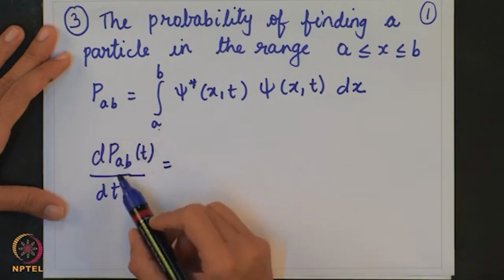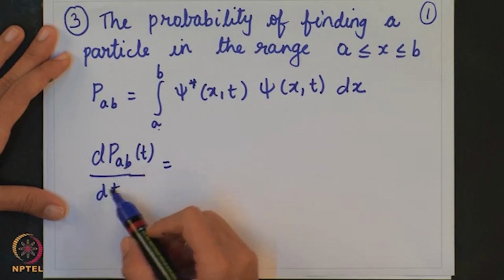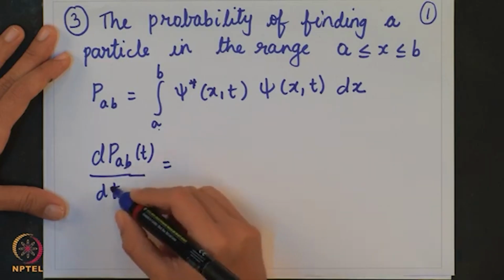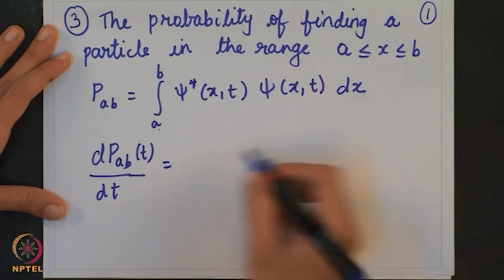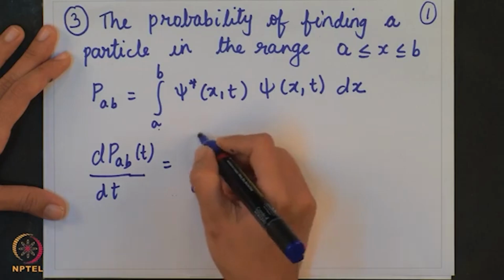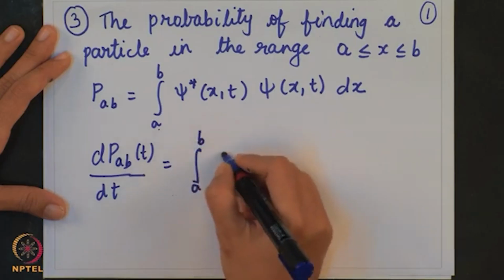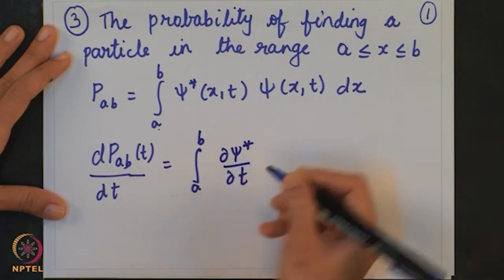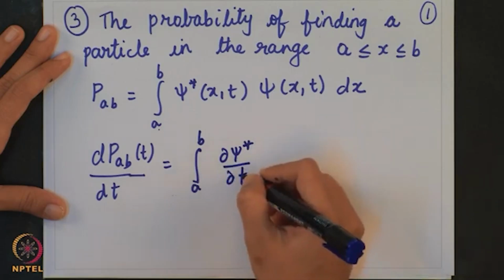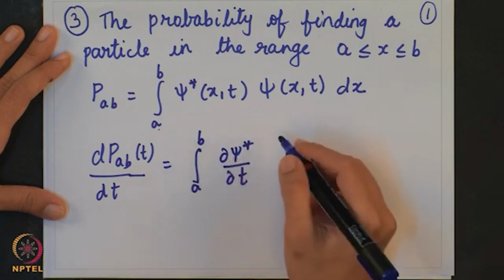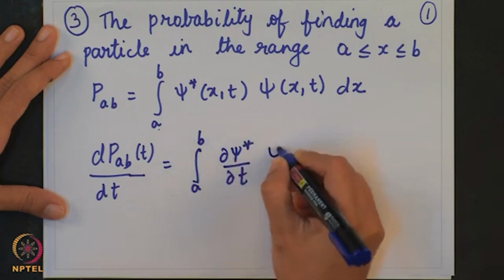Now we have to evaluate this quantity at some t. You take the derivative of probability with respect to time, and since t is independent of x, I can simply take the derivative inside the integral, simple mathematics. I will use a shorthand notation and drop the arguments.